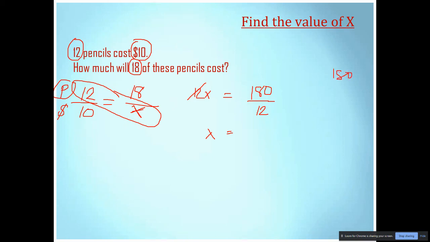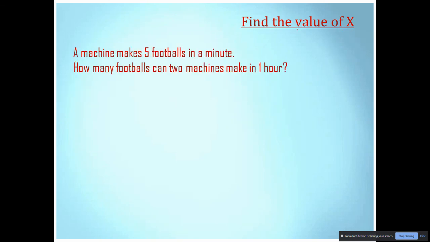When you divide 180 by 12, the answer is 15. So that means 12 pencils cost $10, and 18 pencils cost $15. So that's when we use finding the value of x.